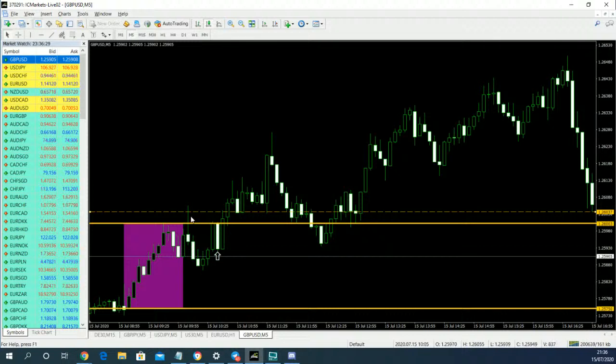So you got a little bit better price than the previous one, which was here. At the same time, you save yourself from the agony of going negative, because once you got in the market here, it went in your favor, came back, and went negative again before it turned in your favor.